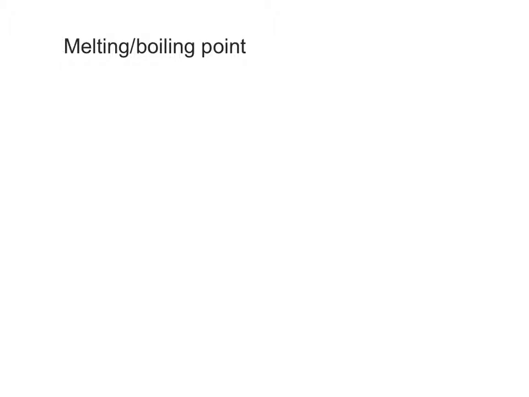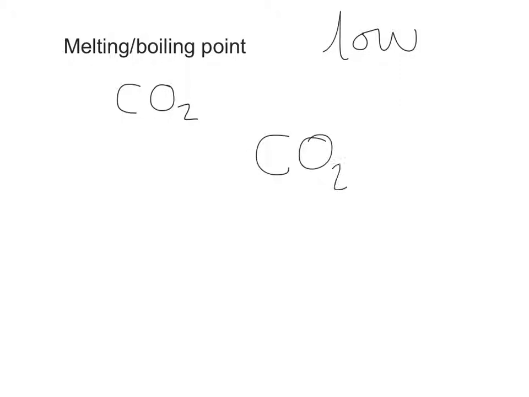So the other property they could ask you about is their melting or boiling point. They could ask you if it's high or low. Simple molecules have a low melting and boiling point, and then they're going to ask you potentially to explain why. So between simple molecules, let's take carbon dioxide gas for example.